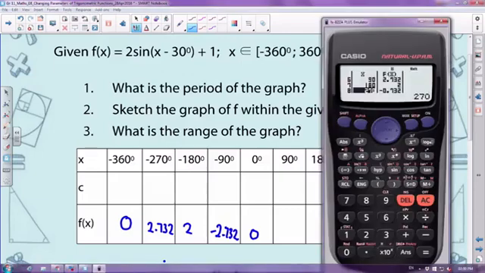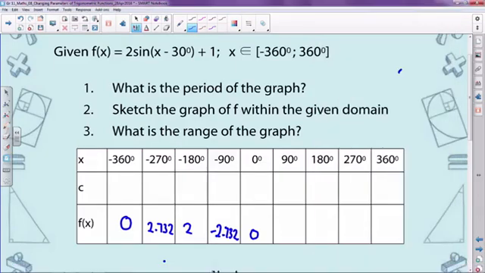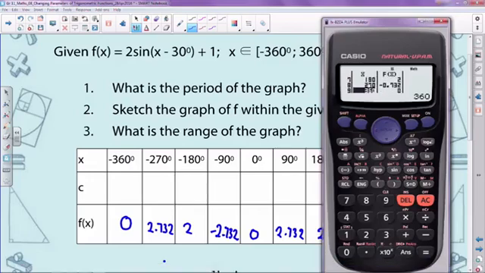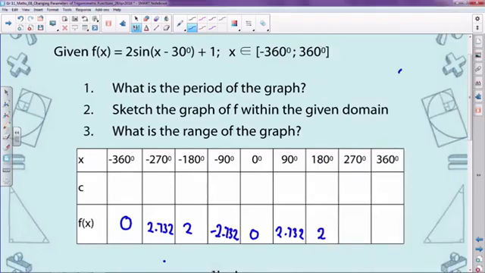At 90, 2.732 and then 2. So it means that the next one is going to be negative 0.732 and then 0. Yeah, negative 2.732 and then 0.